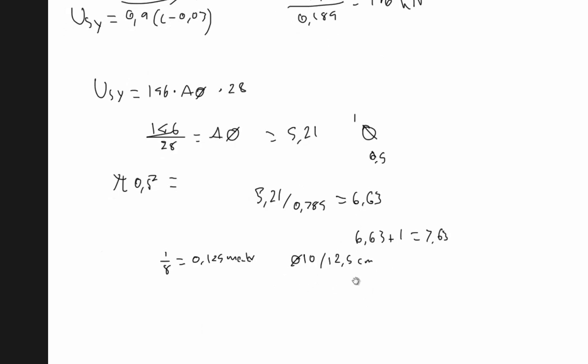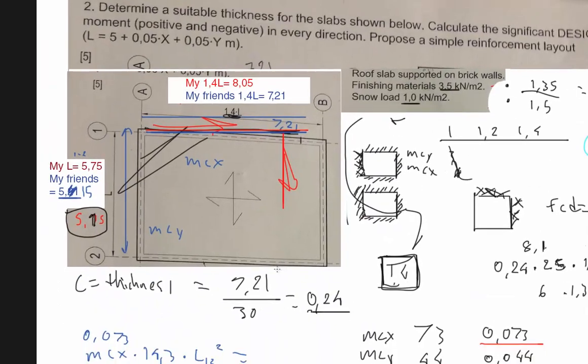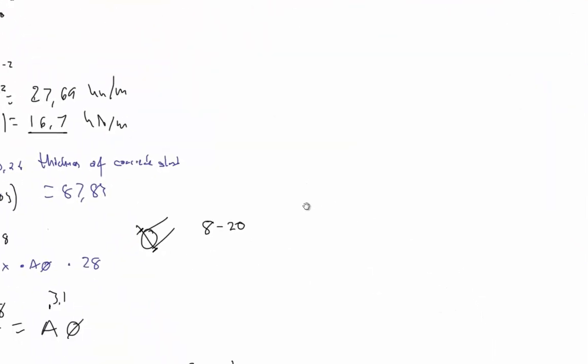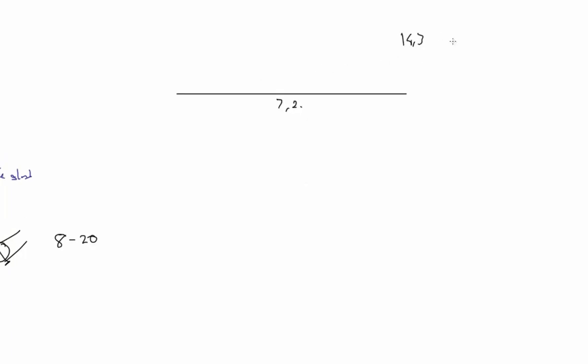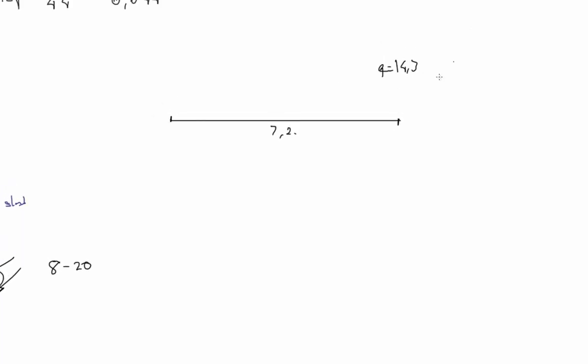Okay, so now calculate the forces and stuff like that. We have not done that. Should be pretty easy now. Let's do that for fun. So we have 7.21 and 14.3 as a dead load, as a Q, and the QL squared divided by 4, right? Isn't that the formula?